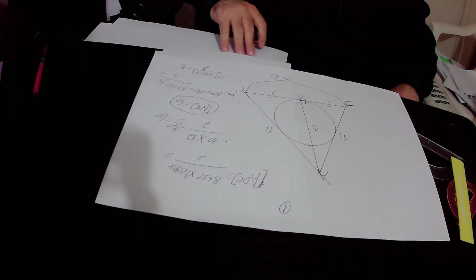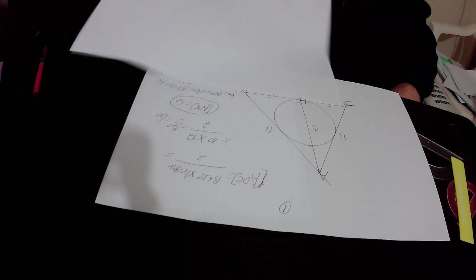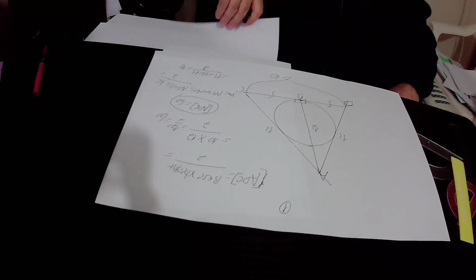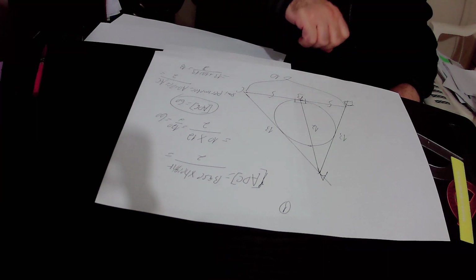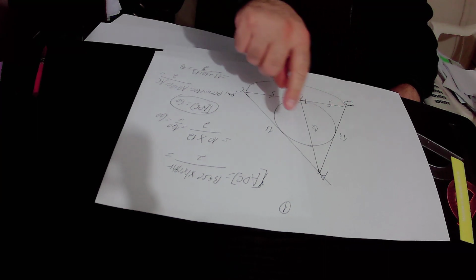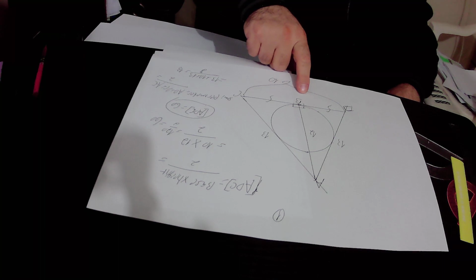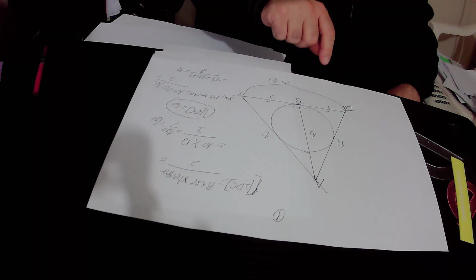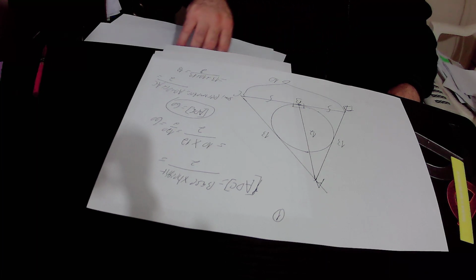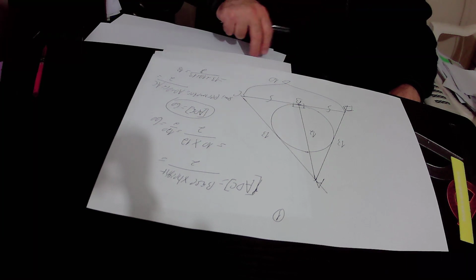And we know that whenever you have a circle that is inscribed in a triangle, like in this drawing, then the radius of any circle inscribed in a triangle equals the area of the triangle over the semi-perimeter of the triangle.